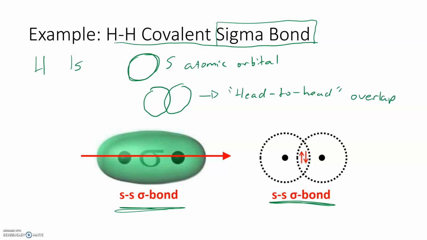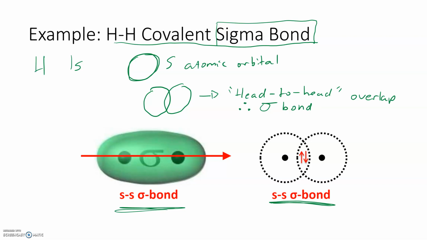It will become clear what makes it a head-to-head overlap as we go through the different types of overlapping. But for now, just know that when two s orbitals overlap, it's always going to be a head-to-head overlap. Now, a head-to-head overlap means that it's a sigma bond. So therefore, it's a sigma bond.